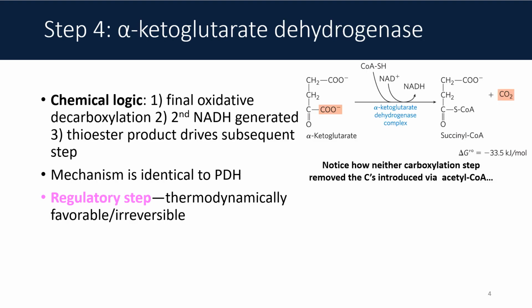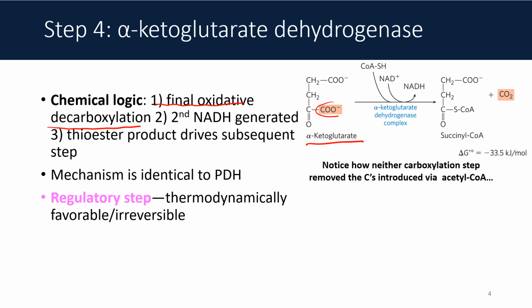Picking up where we left off, alpha-ketoglutarate dehydrogenase complex catalyzes step 4 of the citric acid cycle. This is notable for two reasons. First, it is going to be our final oxidative decarboxylation step, and we can see that through the bird's eye view of the reaction. Alpha-ketoglutarate looks like so.